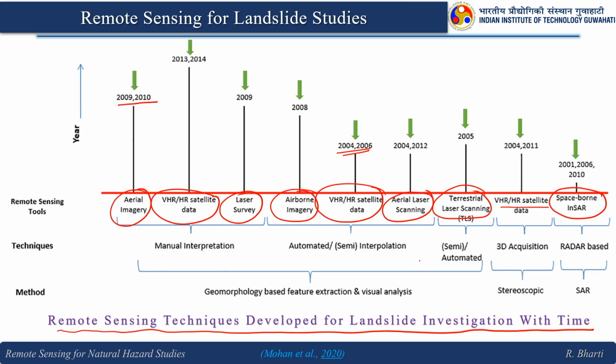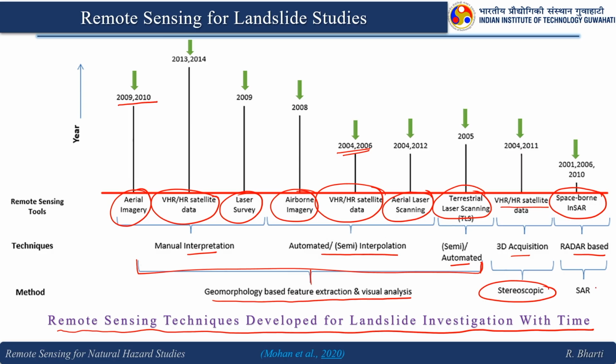So here these are used for the manual interpretation. This is for automated or semi-automated. This is again semi-automated. This is the 3D acquisition, then you have radar based, and when you are combining these, you are having geomorphology based feature extraction and visual analysis, and here you are going for the stereoscopic, and then we have the InSAR or radar based, that is SAR, synthetic aperture radar. So this will provide you the concise information.